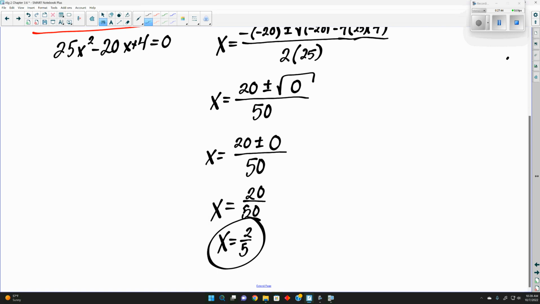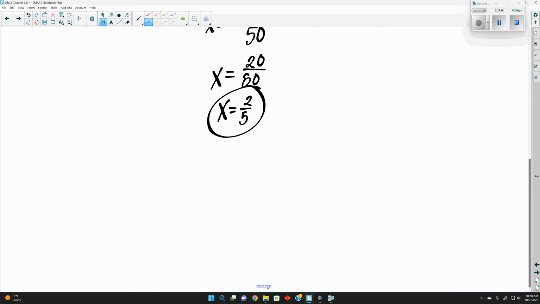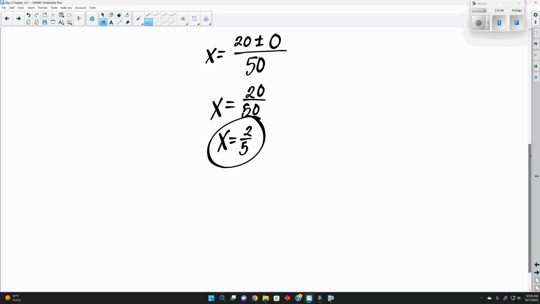And that's it. Because whenever what's inside the square root is 0, we get one unique answer. We still have 2. They're both 2/5, but we only have one that's unique. Questions on any of this here?